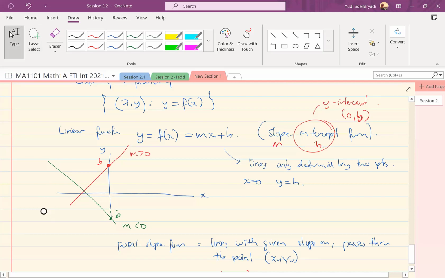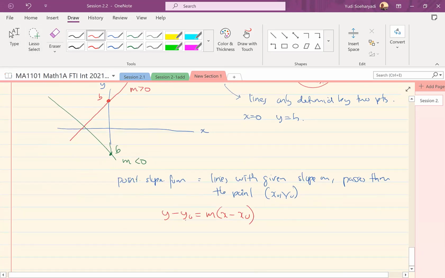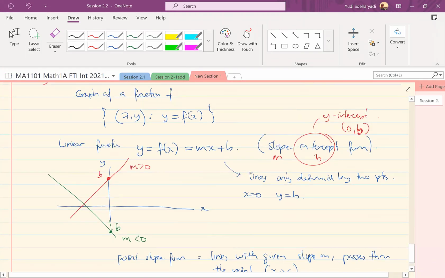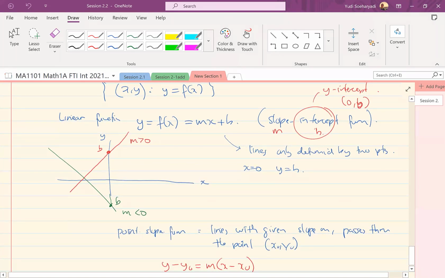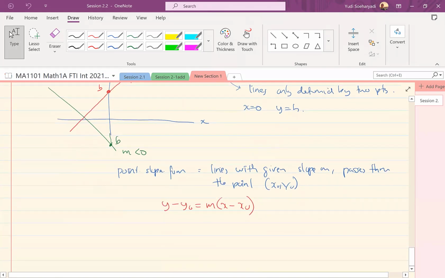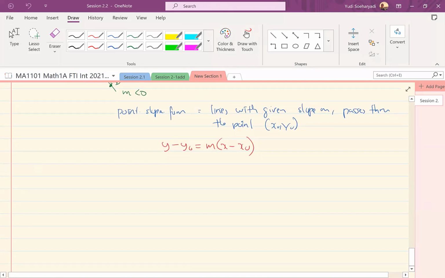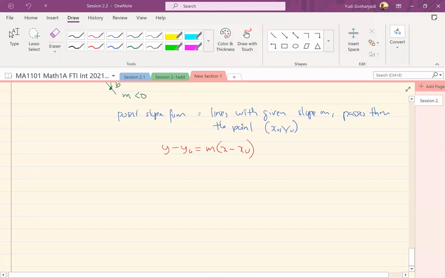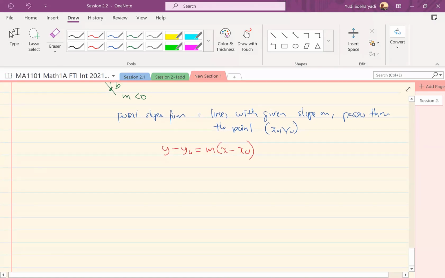Okay, so if you plug in 0 here and b here, you get this point slope formula.